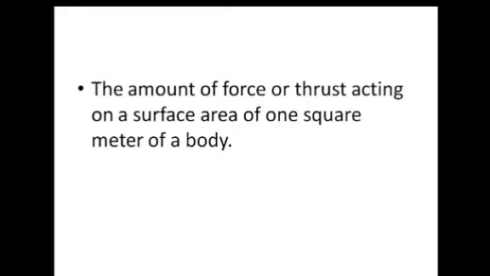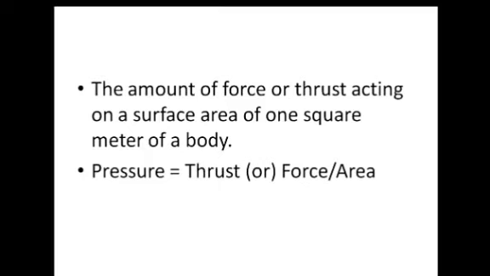So, what is pressure? The amount of force or thrust acting on a surface area of 1 square meter of a body is called pressure. Pressure can be F by A. Thrust or force by area, P equal to F by A, and unit of pressure is Pascal, PASCAL or capital PA.